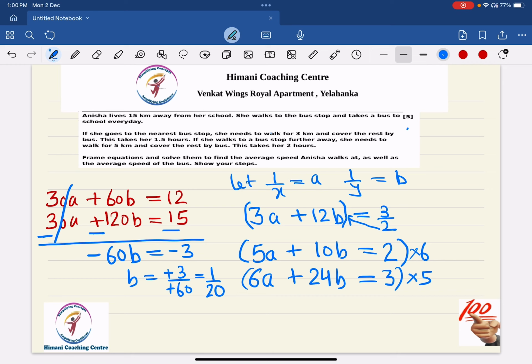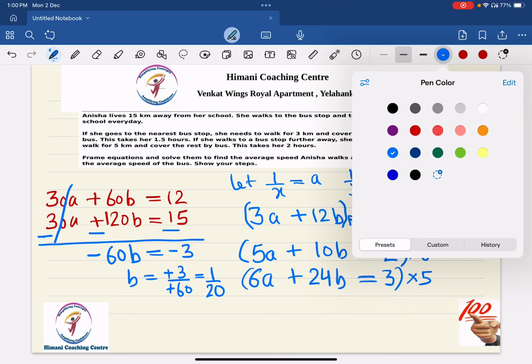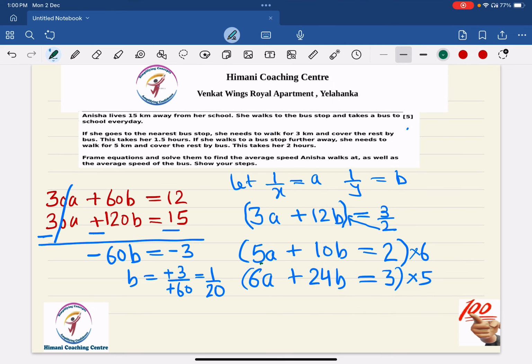Now we have to find what is a. Okay, so for a, let us go to this equation. Okay, so I will write 5a plus 10 times b, which is 1 by 20, which is equal to 2. So this becomes 1 by 2. 5a equals 2 minus half.